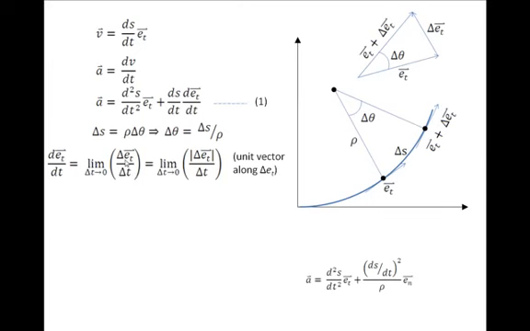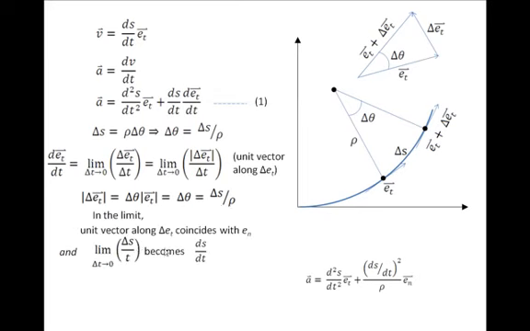And this delta et, being a vector, can again be written as its magnitude multiplied by the unit vector along delta et. Now, you see the magnitude of delta et from this triangle can be seen as the magnitude of et into delta theta. But we all know that et is a unit vector, so this magnitude is 1. So the magnitude of delta et is really delta theta, which we have derived here as delta s by rho. Now see what happens in the limit.